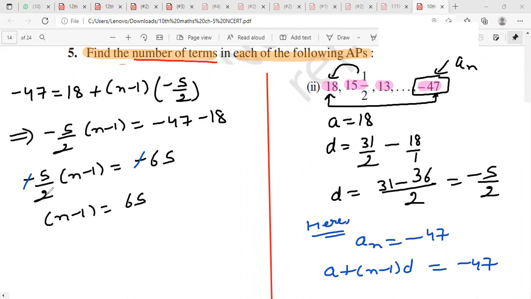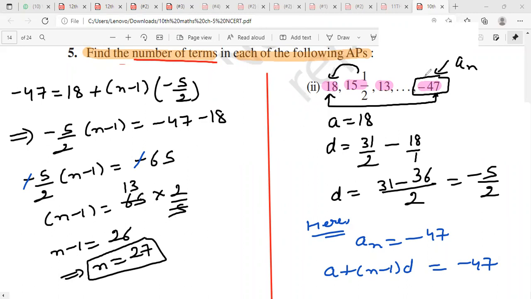When this 5 by 2 is shifted to the right hand side, it becomes 2 by 5. 5 ones are 5, 5 threes are 15. So N minus 1 is equal to 26. So N will be equal to what? 26 plus 1, that is 27. So the answer is 27. It means in this AP, there are a total of 27 terms. Right? This is the solution of question number 5.